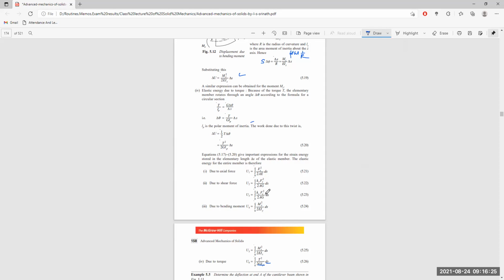Linear force Z acts as a shear force along the Z direction. Bending moments My and Mz act as torque vectors along the y-axis as well as the z-axis, and then the torque itself, T square by 2 G Ip. Now these 6 formulas we will use according to our need.